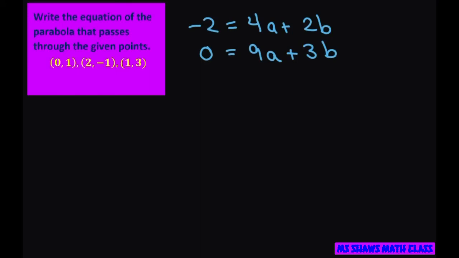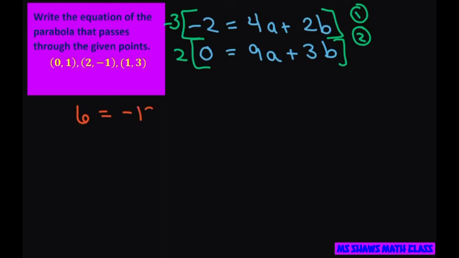So what I'm going to do is multiply the first equation by negative 3. And I'm going to multiply the second equation by 2. And what you get when you do that is 6 equals negative 12a minus 6b. And then for our second equation, we get 0 equals 18a plus 6b.